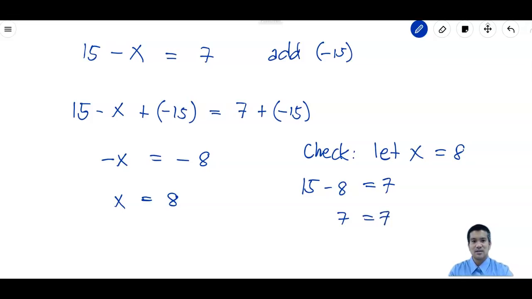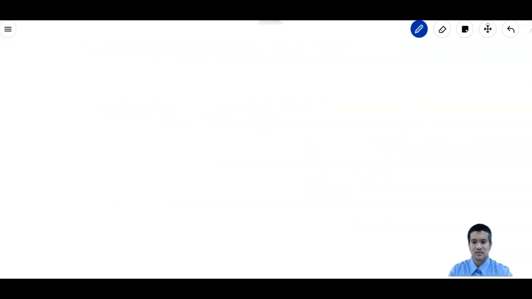Okay, so you get now the rules and what are the properties that we are going to use. So here we have the property of equality. We have the addition property of equality. Example, we will have to do subtraction. Okay, let's say we have 85 minus x equals 15.